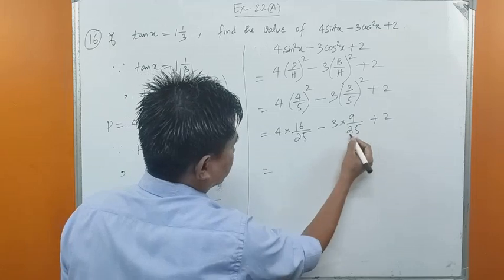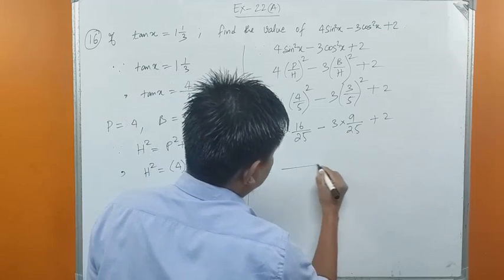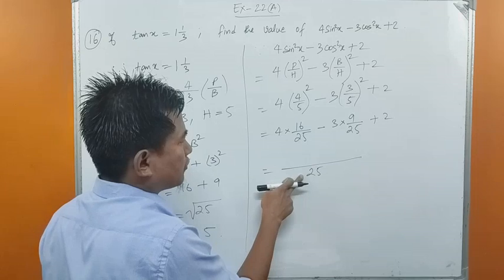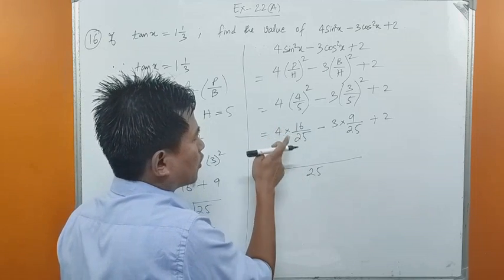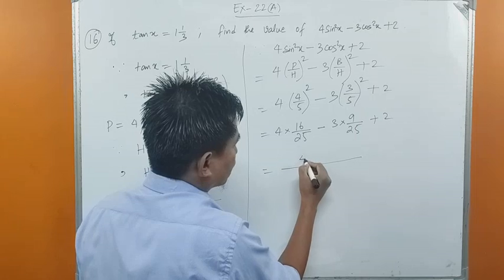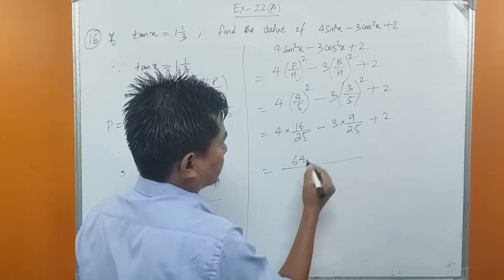So the LCM is 25. We have 25 in the denominators, so we write 25. Now 25 1s are 25, that 1 into 4, 4 into 16. 4 6s are 24, 4 1s are 4, 64.